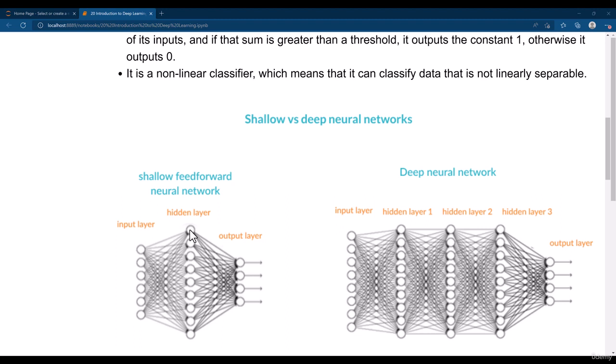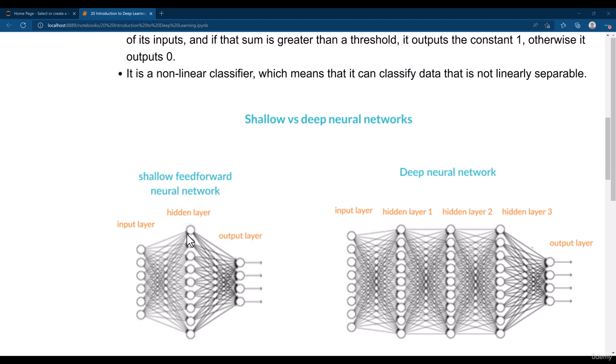When you make multiple layers of these neurons, it becomes a multi-layer perceptron. So you can say this is a perceptron, and when it becomes multiple layers, it becomes a multi-layer perceptron. And when there are many hidden layers, at least 2 hidden layers or more, then it becomes a deep neural network.